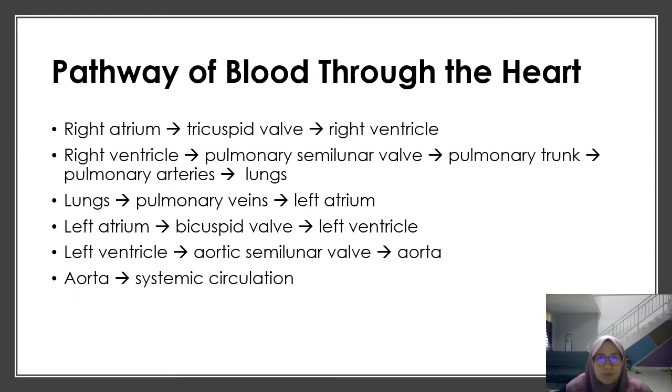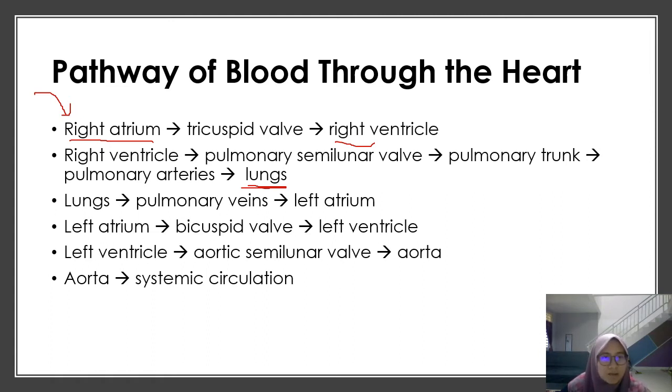The pathway of blood through the heart starts from the superior vena cava or inferior vena cava, which pump into the right atrium. It enters the right ventricle through the tricuspid valve. From the right ventricle, it pumps to the pulmonary trunk, crossing the pulmonary semilunar valve. From the pulmonary trunk to the pulmonary arteries, it pumps to the lungs, where gas exchange occurs.